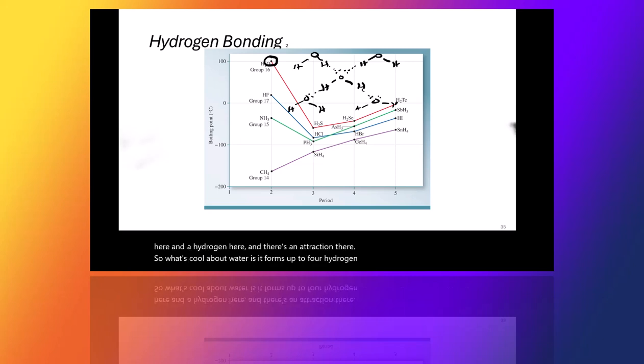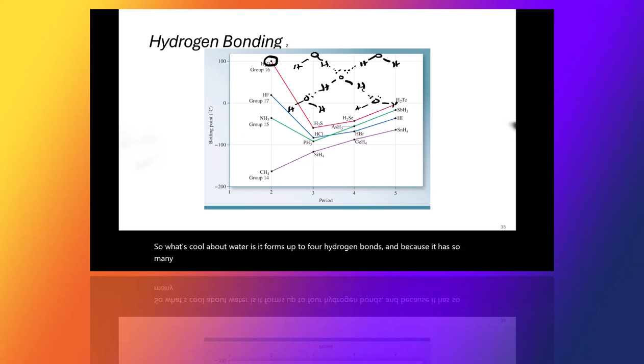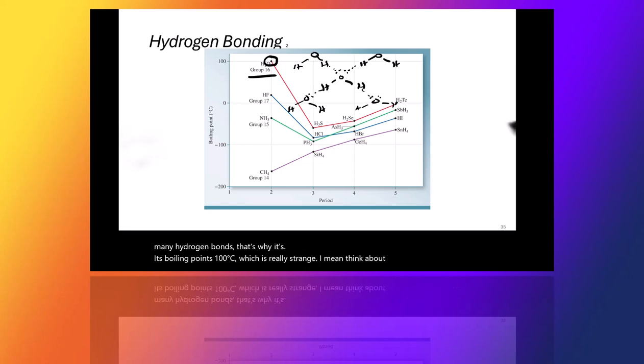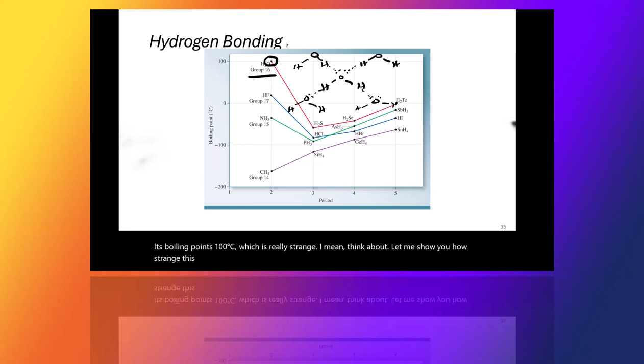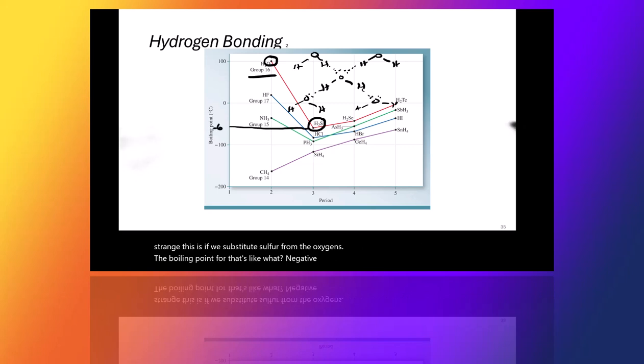And because it has so many hydrogen bonds, that's why its boiling point is 100 degrees Celsius, which is really strange. Let me show you how strange this is. If we substitute sulfur for the oxygen, the boiling point for that is like negative 60 degrees Celsius, and water's 100 degrees Celsius.